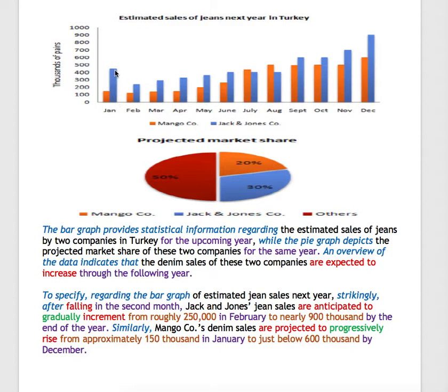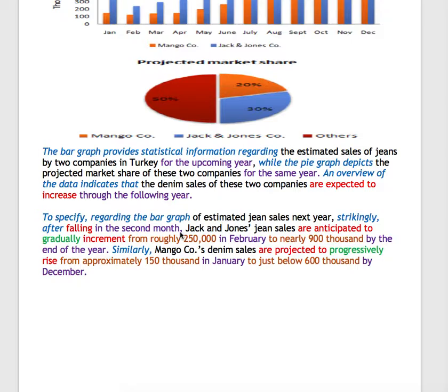Jack and Jones higher, higher, higher, higher. Mango Co. higher. And then Jack and Jones higher, higher, higher. So I noticed that this was something interesting here, just to show that you see the whole graph very clearly. That's interesting. And that's what I put right here.